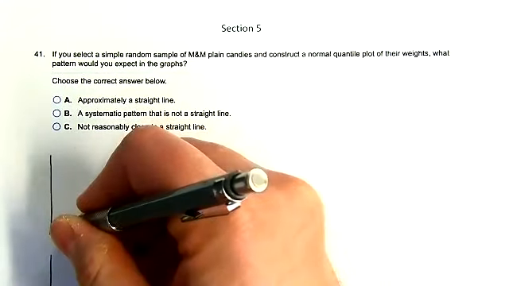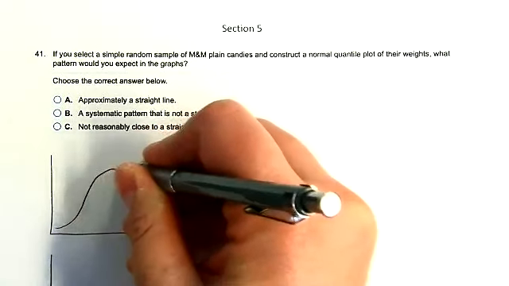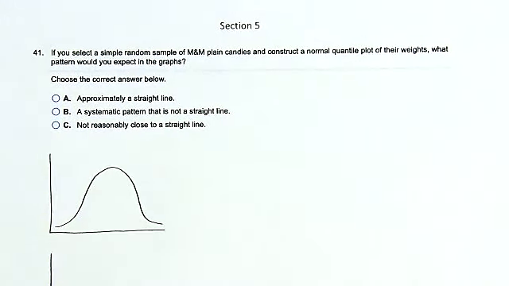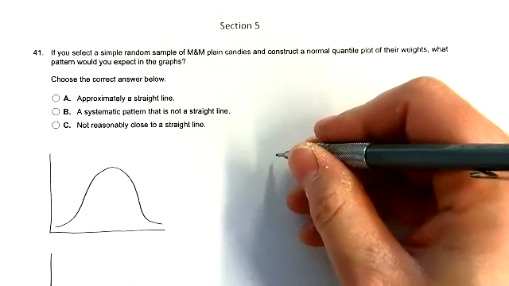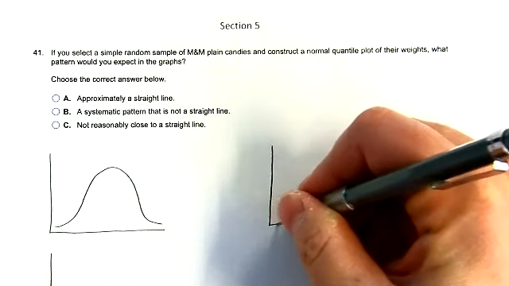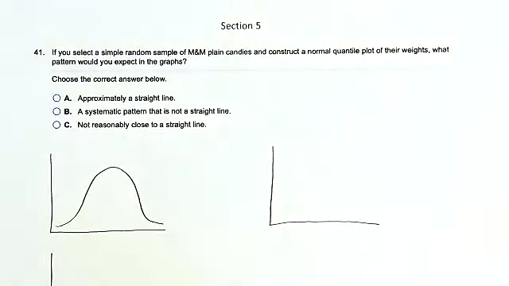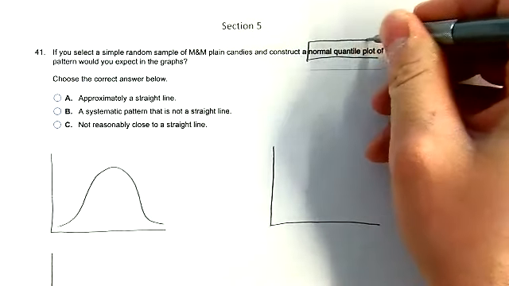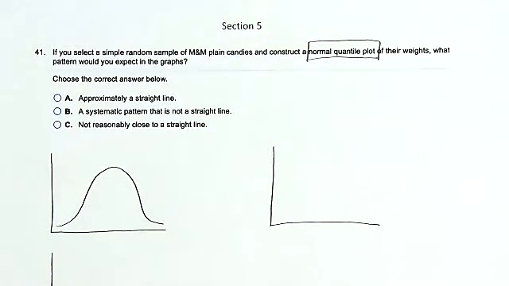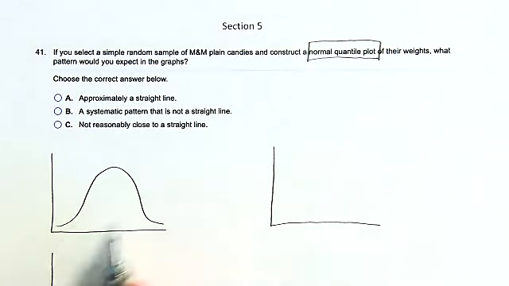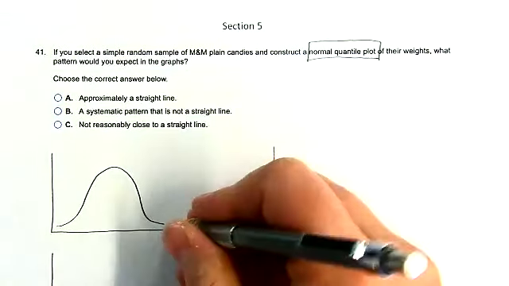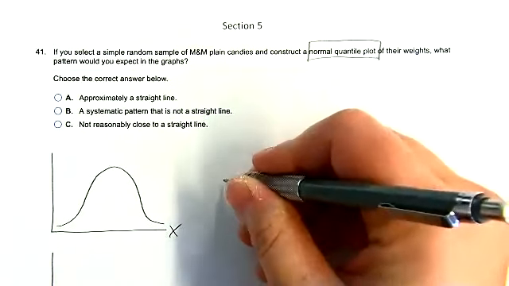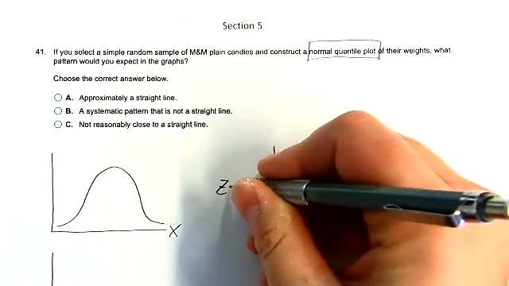So if we have a normal curve, what we're going to learn today is sometimes called a QQ plot or a normal quantile plot. What it does is it takes your data, so this is an x-axis, this is an x-axis, and then it plots the z-scores of your data.